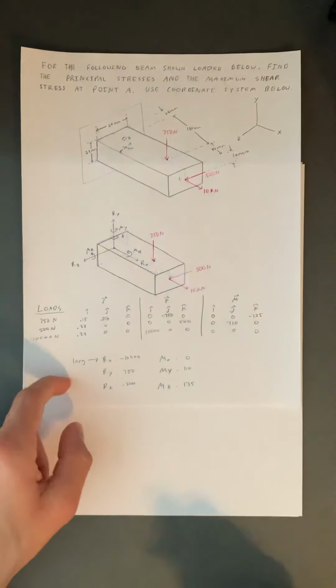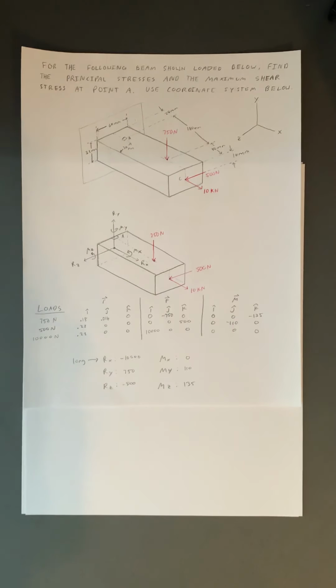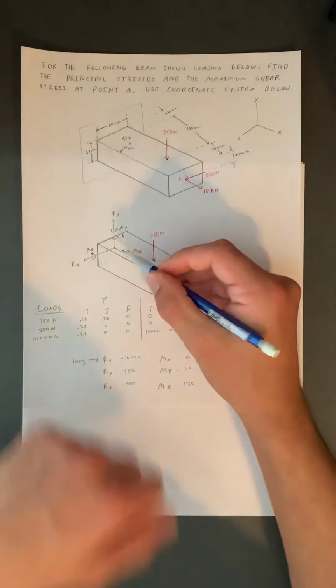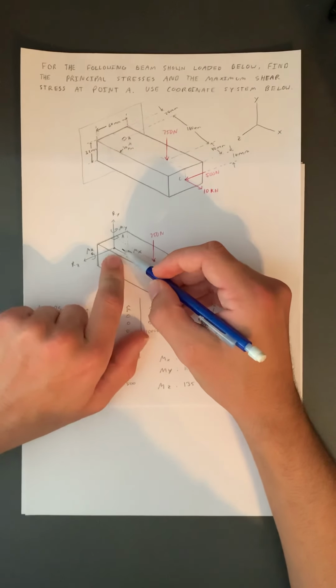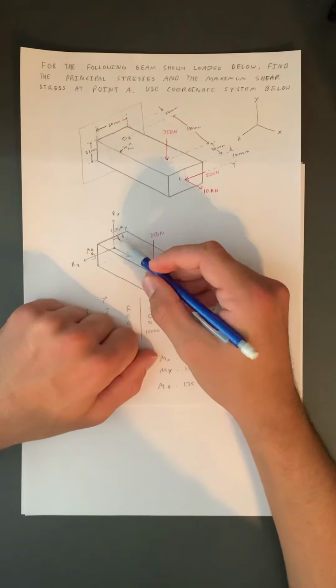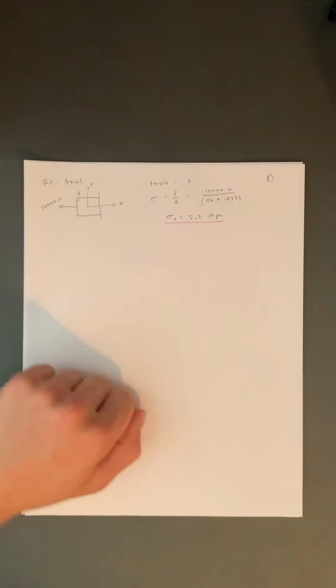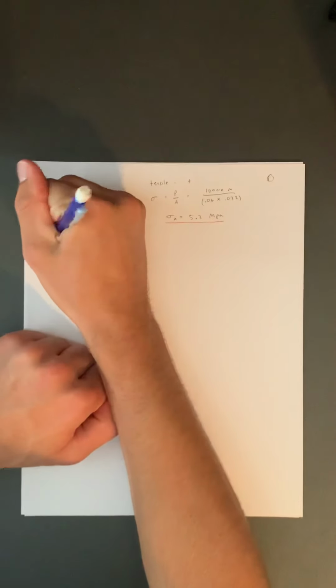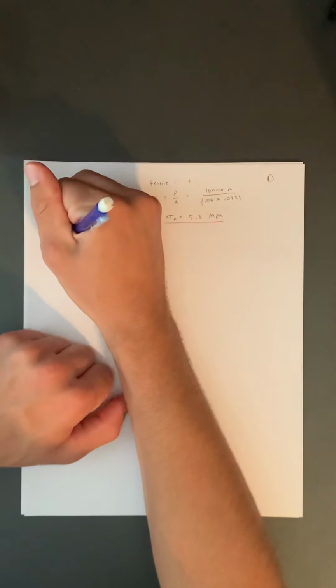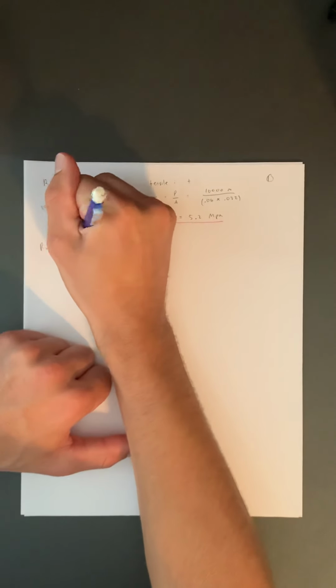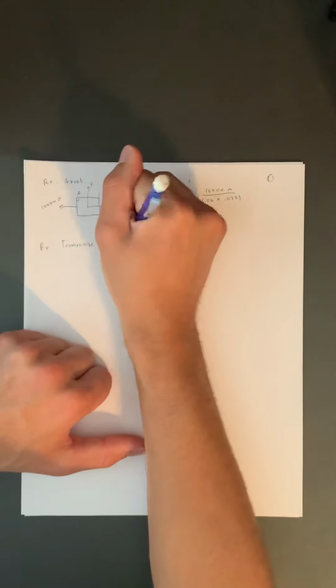Because that is a lateral axis, we can see that the lateral direction on the face of the cut is going to be a transverse shear on location A. So for RY, a lateral reactionary force, we have transverse shear.